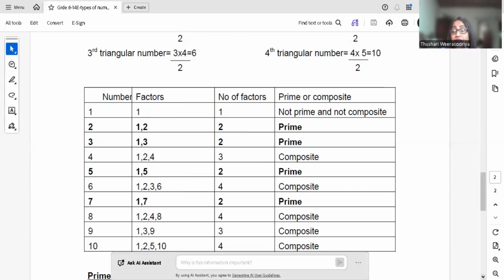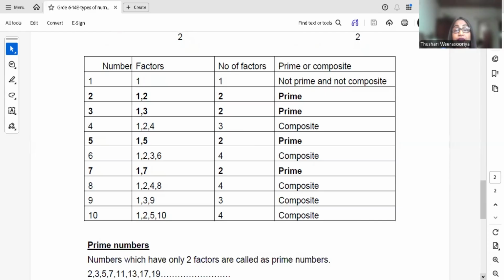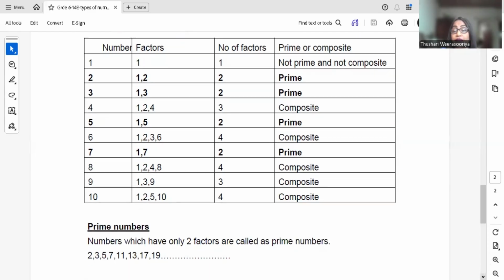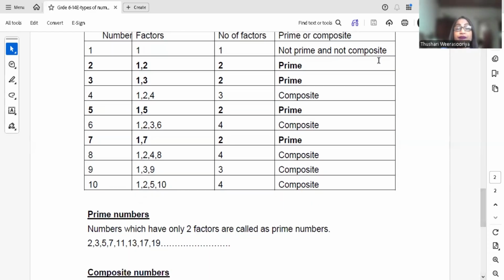Prime numbers is this. Right? Prime numbers means if a number has only two factors, then that number is a prime number. Right? To identify the prime numbers, you write the factors.